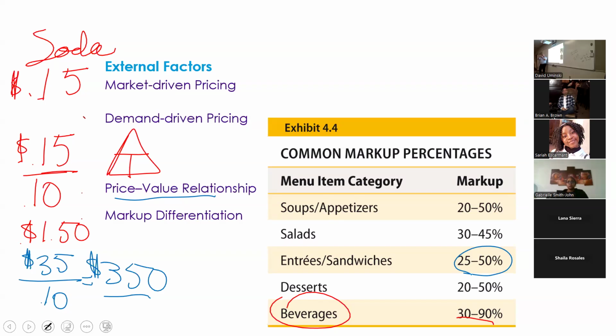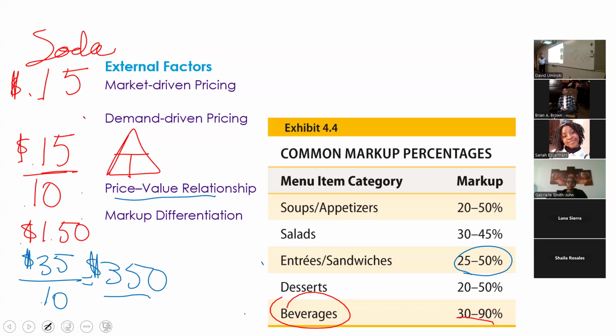In order to make sure we had that price value relationship balanced, oftentimes entrees have that higher food cost percentage. But then our beverages come in and save the day and bring us a lot of profit, a lot of money. So that's why it's really good for us to try to teach our servers how to sell beverages.